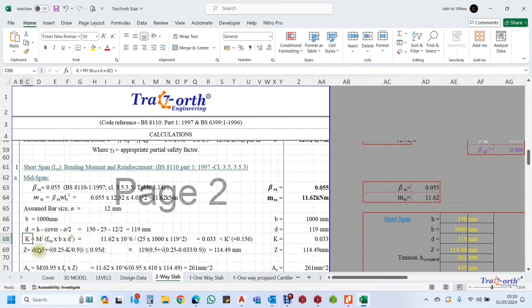What this means is that if your K, which is your design moment over the concrete strength multiplied by the width multiplied by the depth squared, is more than 0.156, you must design that section as a doubly reinforced concrete.